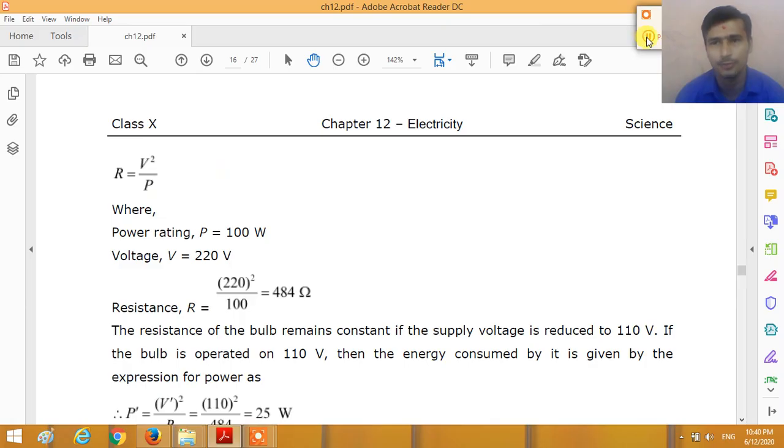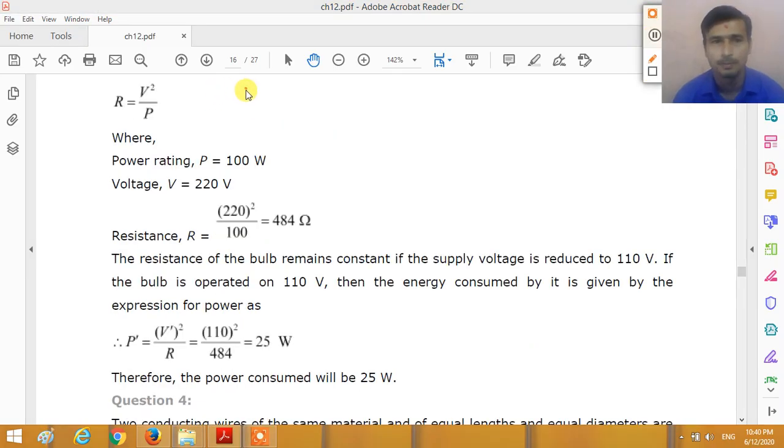From the formula P is equal to V square divided by R, right? We calculate the resistance R is equal to V square by P, where we take P is equal to 100 watt and V is equal to 220 volt.